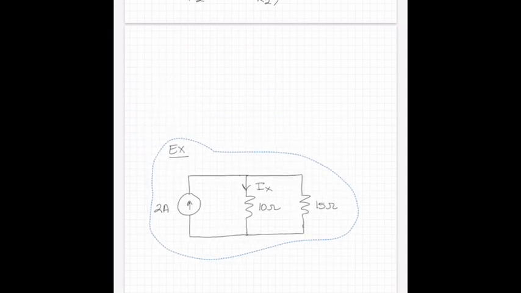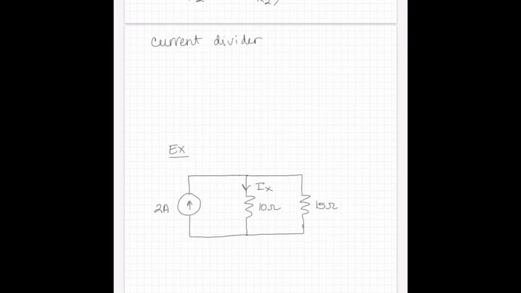So the current divider equation is the ith current is equal to the total source current available multiplied by the ratio of the total parallel resistance divided by the ith resistance, the resistor we want to know about.